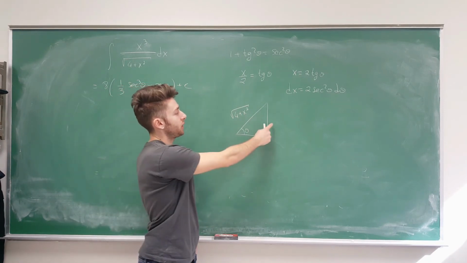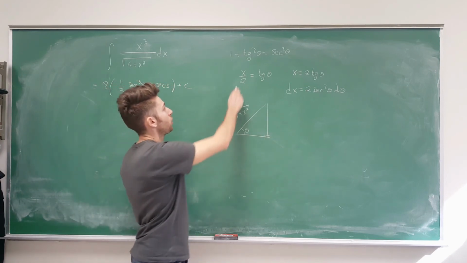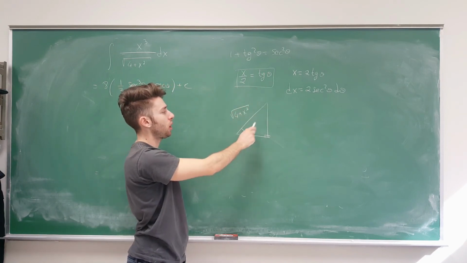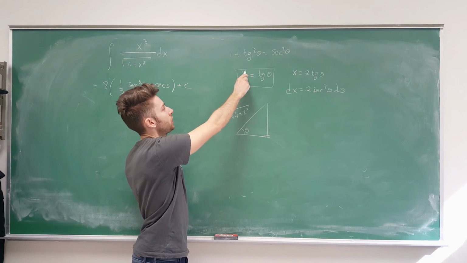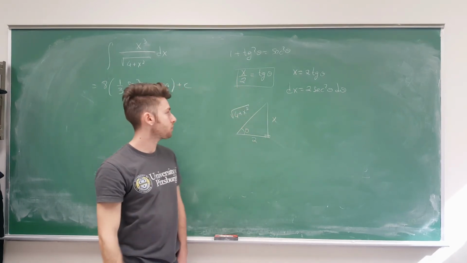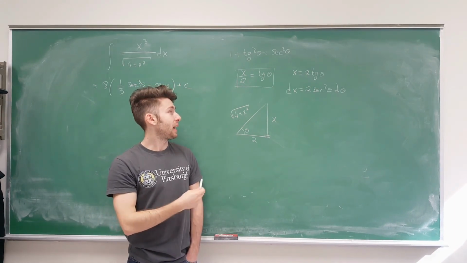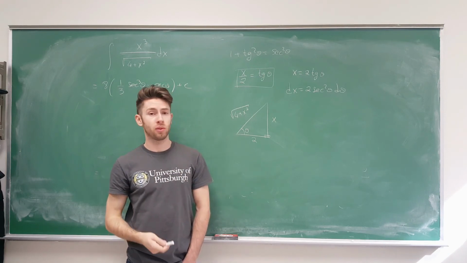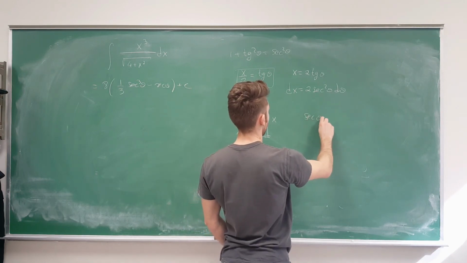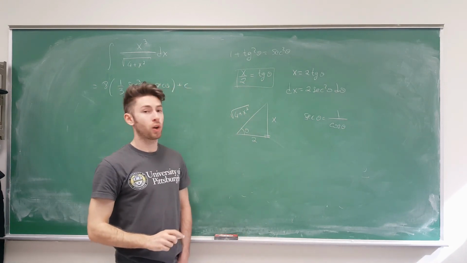Now we just don't know whether this one is x or 2. That's where the substitution comes into play, so you can see it from here. Right, you have tangent, which is supposed to be opposite over adjacent. So opposite over adjacent. So this is x, and this is 2. And that's how you fill out the triangle. And now, from this, you need to find what secant theta is. So that's 1 over cosine.